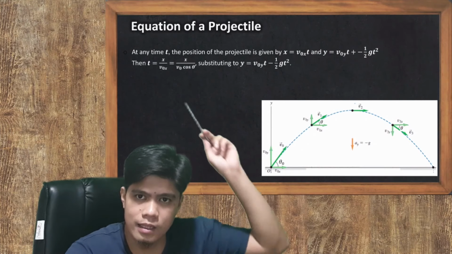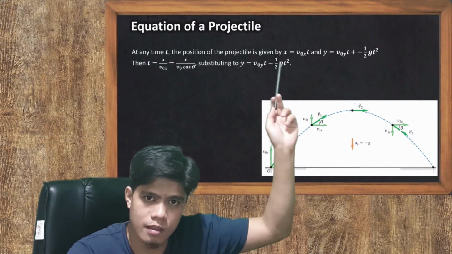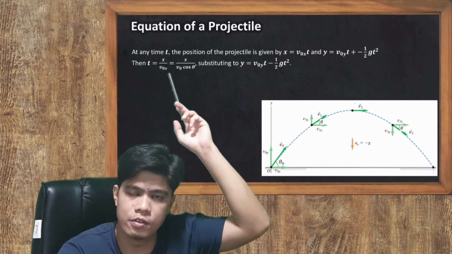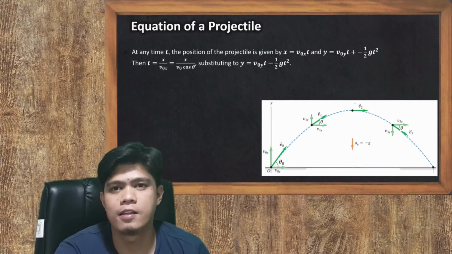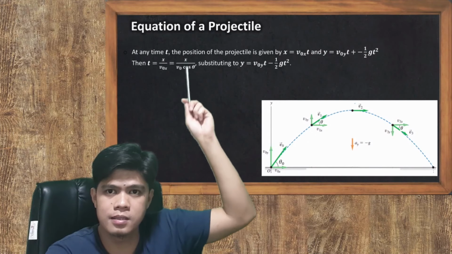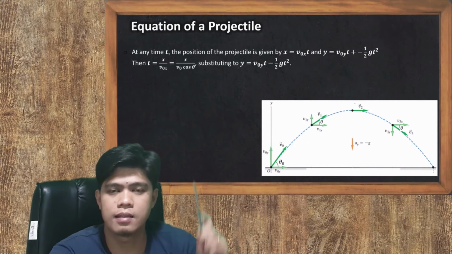And our t from x equals v naught x t is equal to x over v naught x. And v naught x is our x component of our velocity v naught. So therefore, our v naught x is equal to v naught cosine theta.